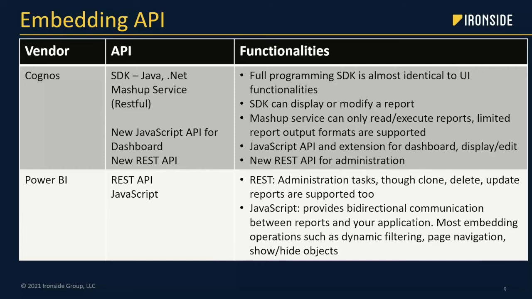Power BI JavaScript is very rich. It gives you almost 100% control of all the report dashboards, which means you can do bi-directional communication between your reports and your applications, right? You can change everything on demand. You can change the filters behind the scenes before the user sees the data. You can change page navigations.